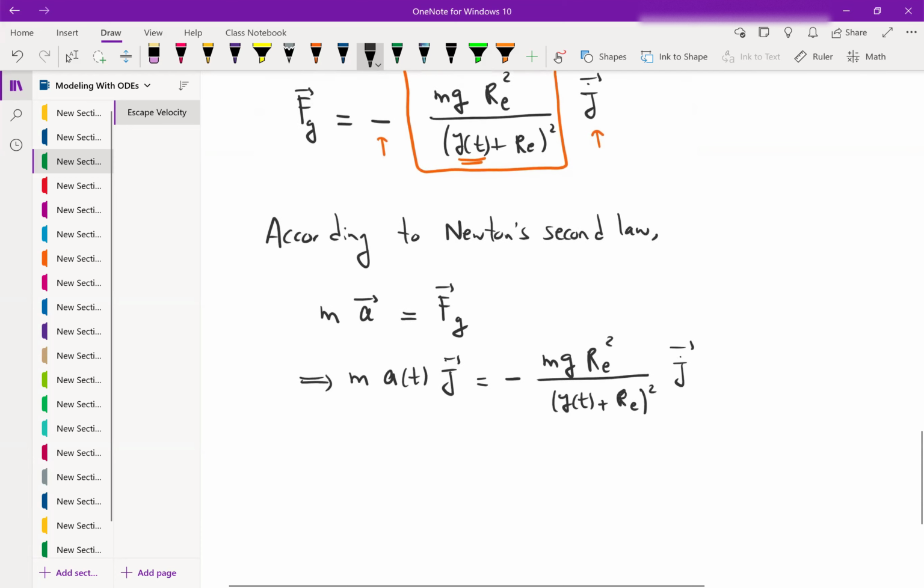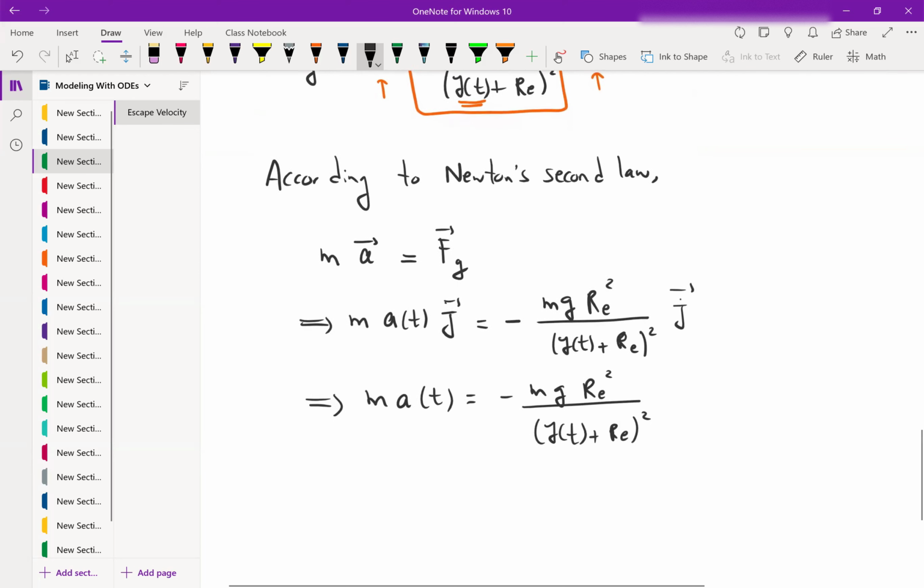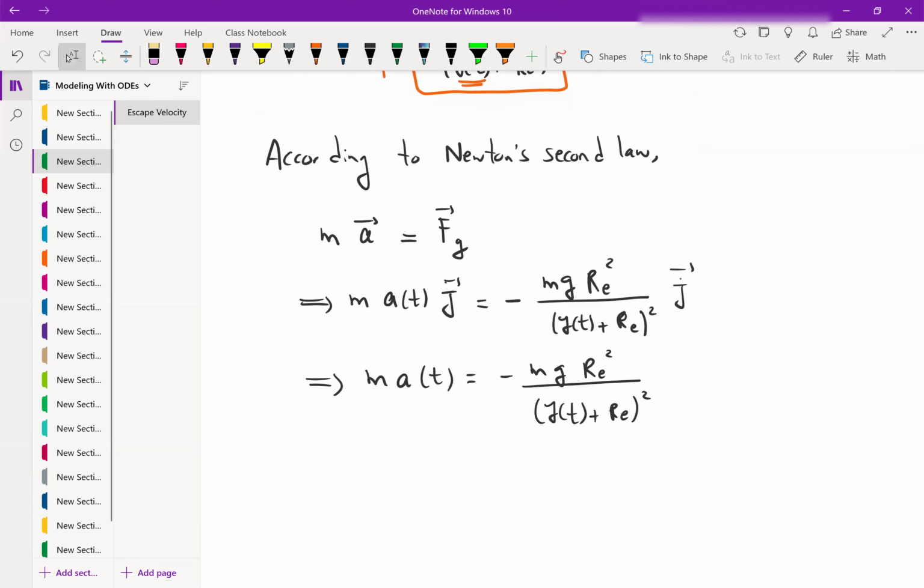So this immediately tells me that m a of t is equal to negative mg Re squared divided by y of t plus Re, squared. And obviously, the little m on the left and the little m on the right cancel each other. So we get a of t is equal to negative g Re squared divided by y of t plus Re, squared.